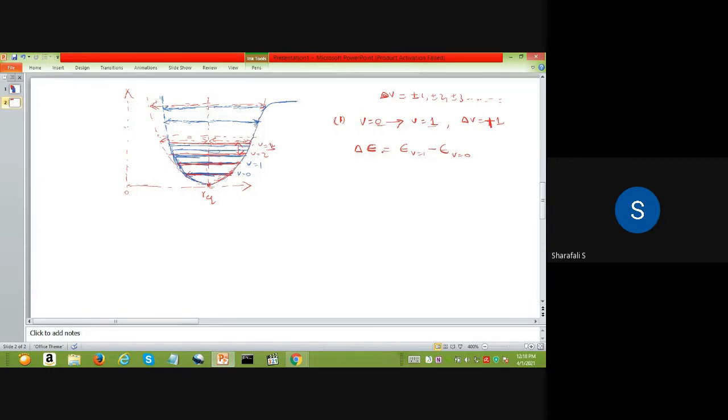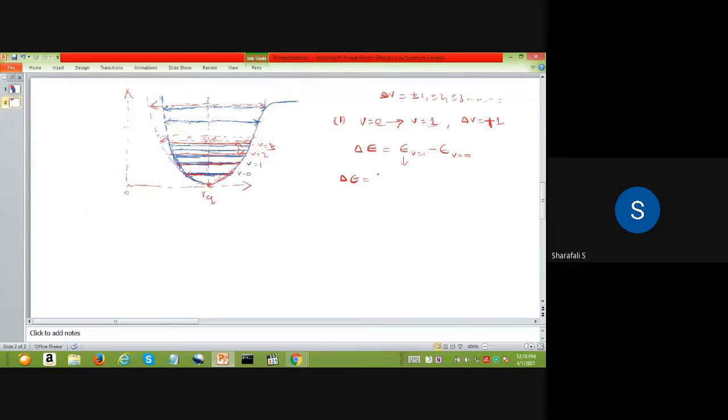The remaining you can calculate. In that equation that we have just written for epsilon v, substitute V equal to 1, then we'll get delta epsilon, and the first term is v plus half into omega e bar.